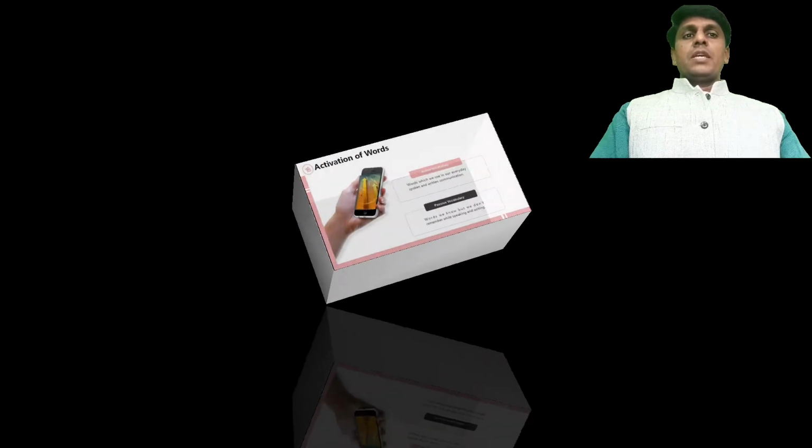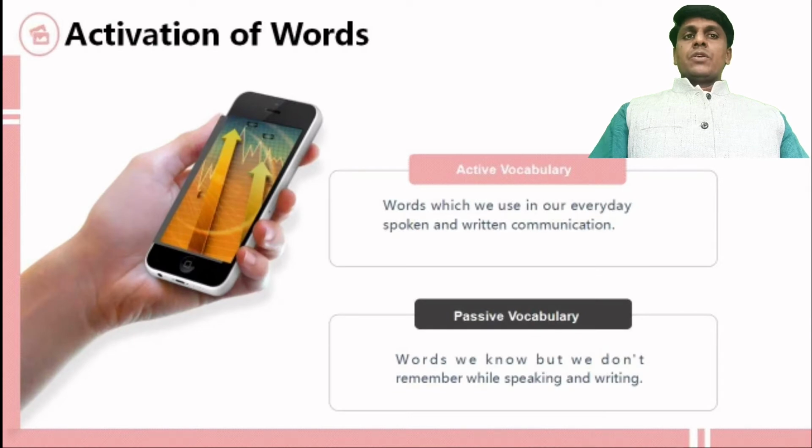And first of them, I talked briefly about it in the first video, is active vocabulary and passive vocabulary. Let me explain.